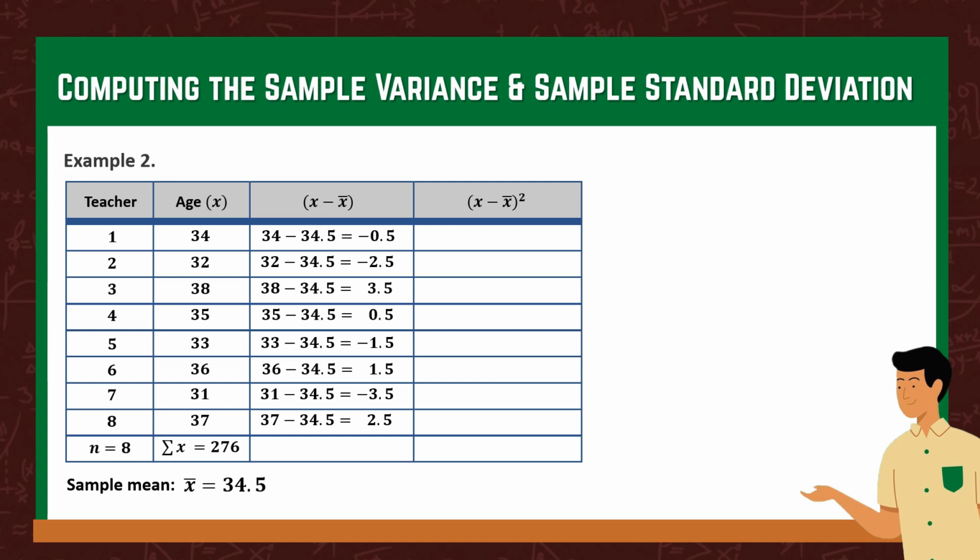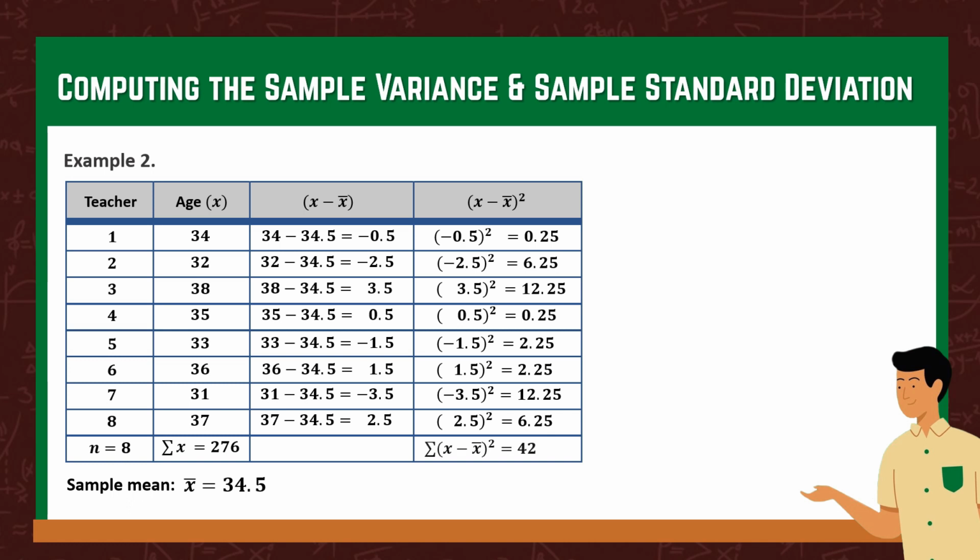Then after we subtract its score from the sample mean, we're going to square the result, and these are the values. And negative 0.5 squared is 0.25. Negative 2.5 squared is equal to 6.25. Then get the sum. So the sum is equal to 42.